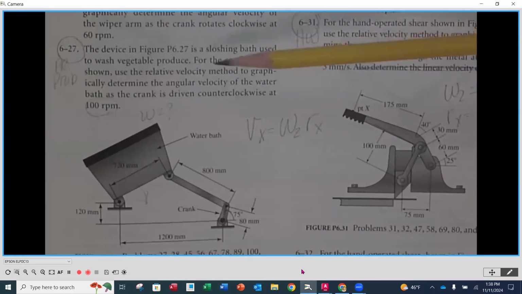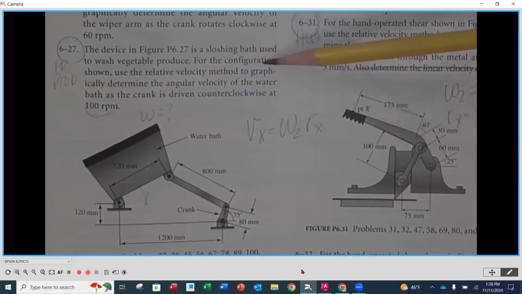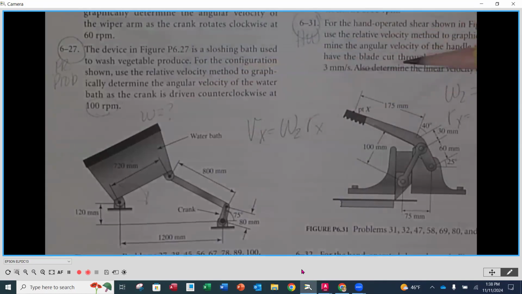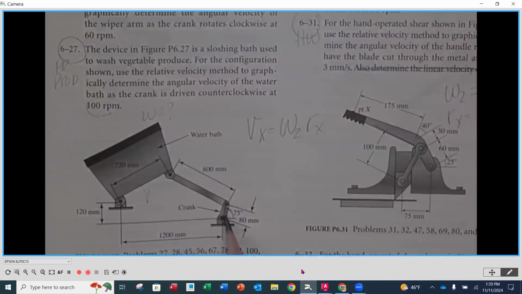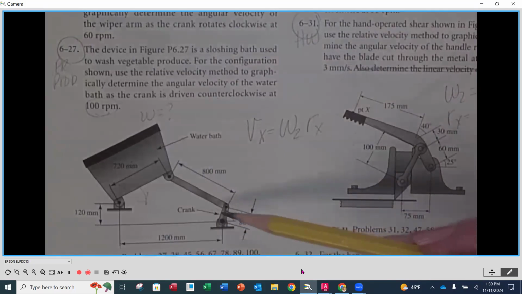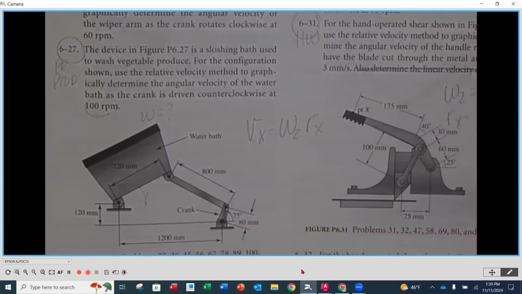For the configuration shown, use the relative velocity method to graphically determine the angular velocity of the water bath as the crank is driven counterclockwise at 100 RPMs. So it's identifying the crank down here for us. This is going counterclockwise in this direction at 100 RPMs. And we want to find out, okay, this is going to oscillate back and forth, what is that angular velocity.